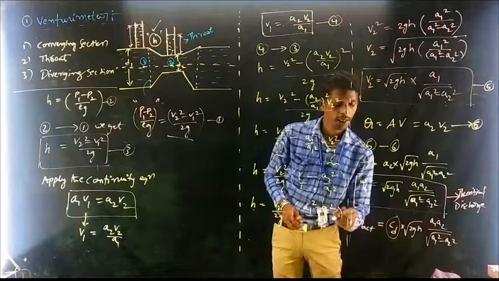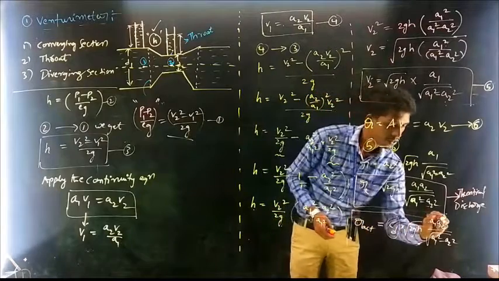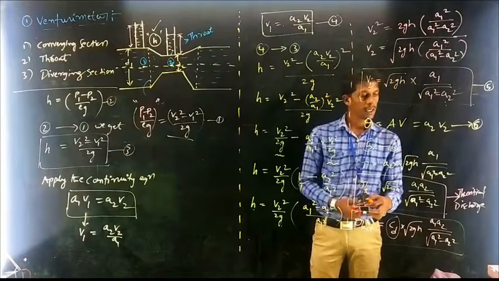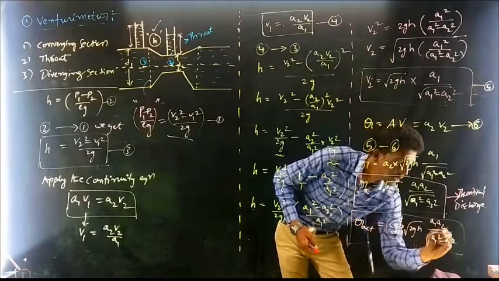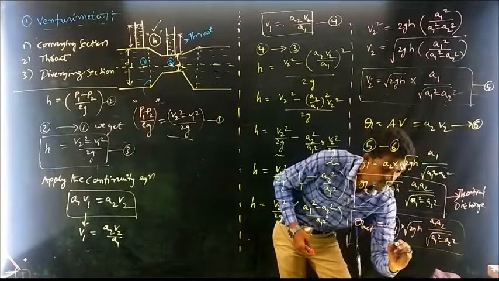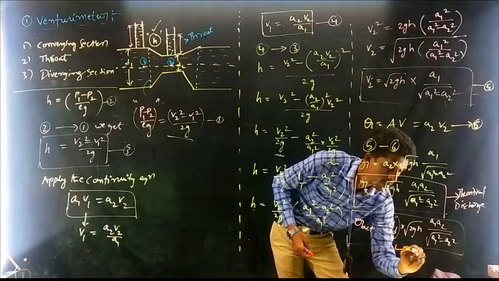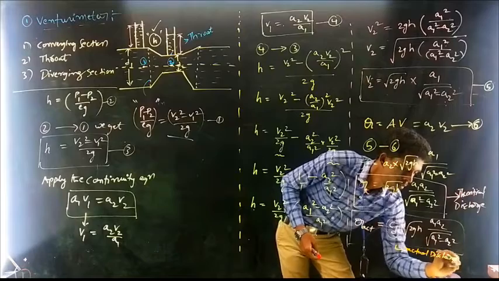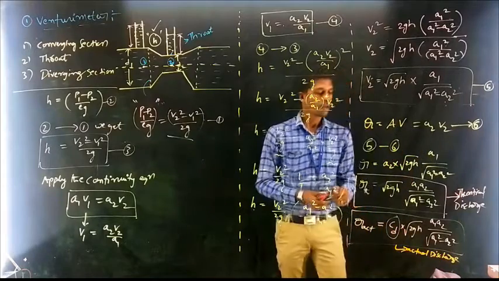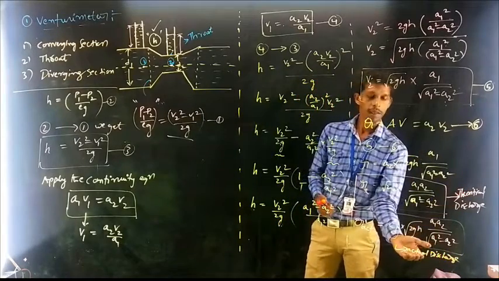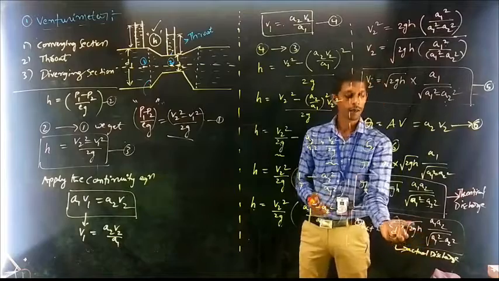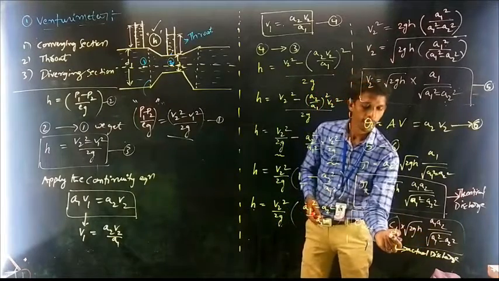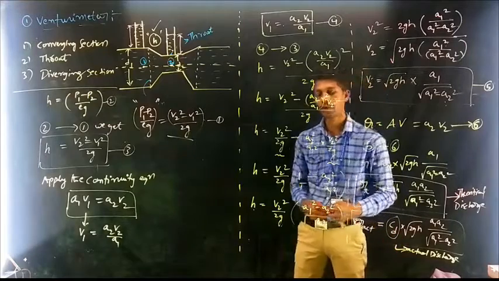Here CD is called the coefficient of venturimeter. When comparing with the theoretical discharge, actual discharge will be less, because in this we have considered the losses, so we have given the coefficient of discharge value.